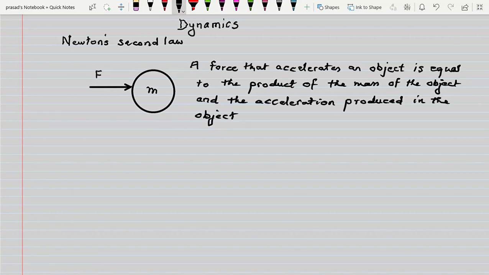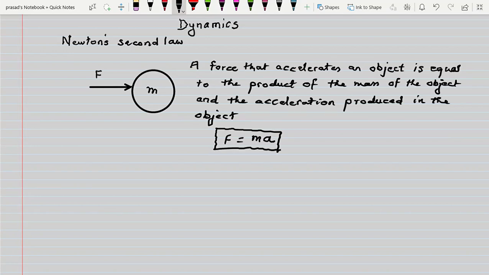That means this unbalanced force that is acting on the object and that is accelerating the object is equal to the product of the mass of the object and the acceleration that is produced in this object.